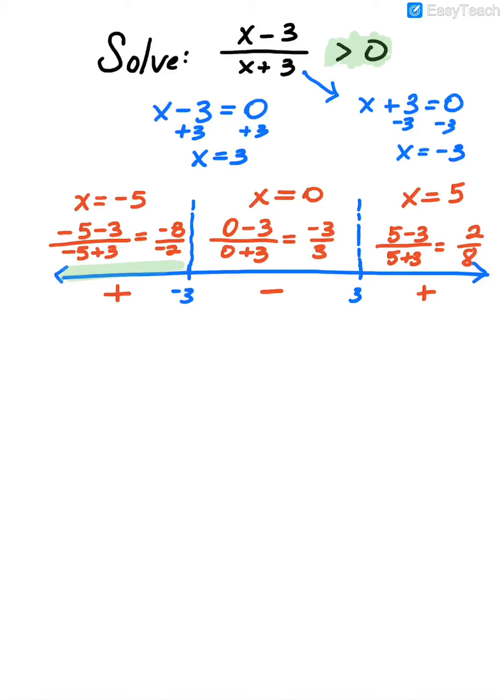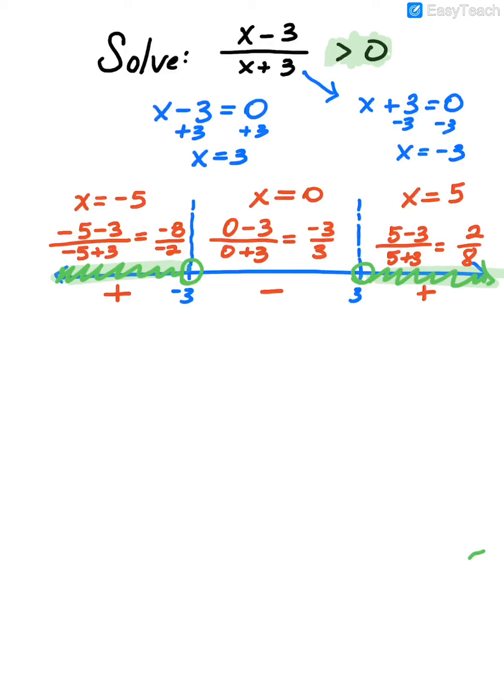We can see that on this interval here and here is where we saw positive numbers. Now, it does not include equal to 0, so at those endpoints, we're going to see open circles. So this is what our graph is going to look like.